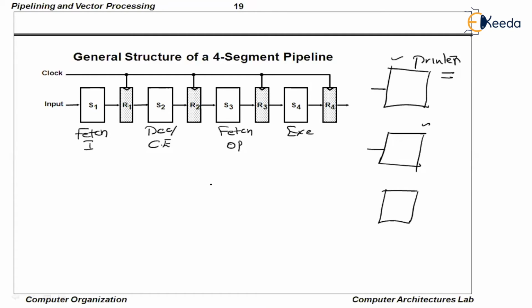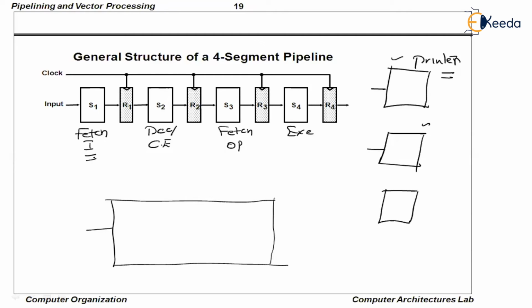Now you can clearly see that there is a memory. Memory is a single entity. And now if you can clearly see, the fetch the instruction segment and the fetch the operand segment require memory at the same time.